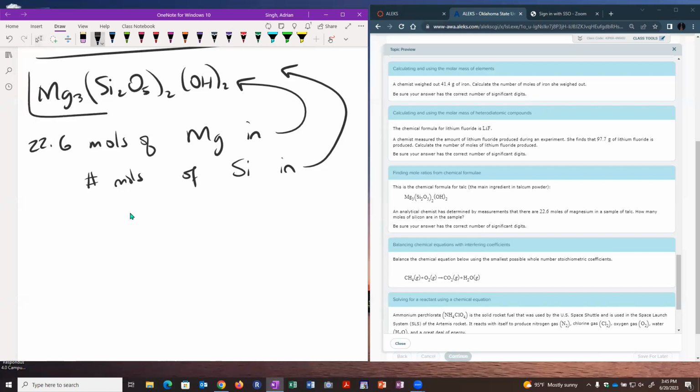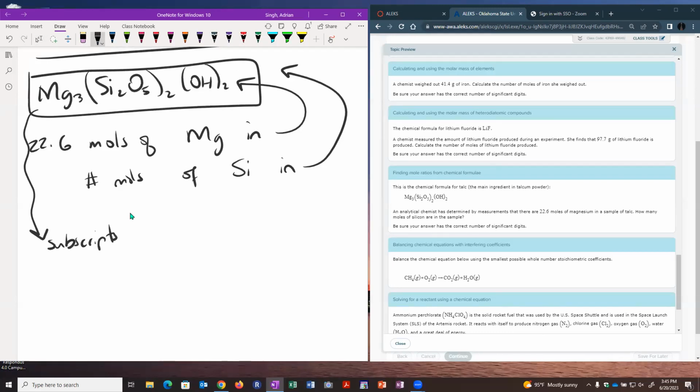So these subscripts that we see in a chemical formula, whether it's something simple or a little bit more complicated like this, those subscripts give a mole-to-mole ratio. So if you have a sample of this and we know how many moles of one thing we have, we can use that ratio to calculate the moles of any other thing in that substance.